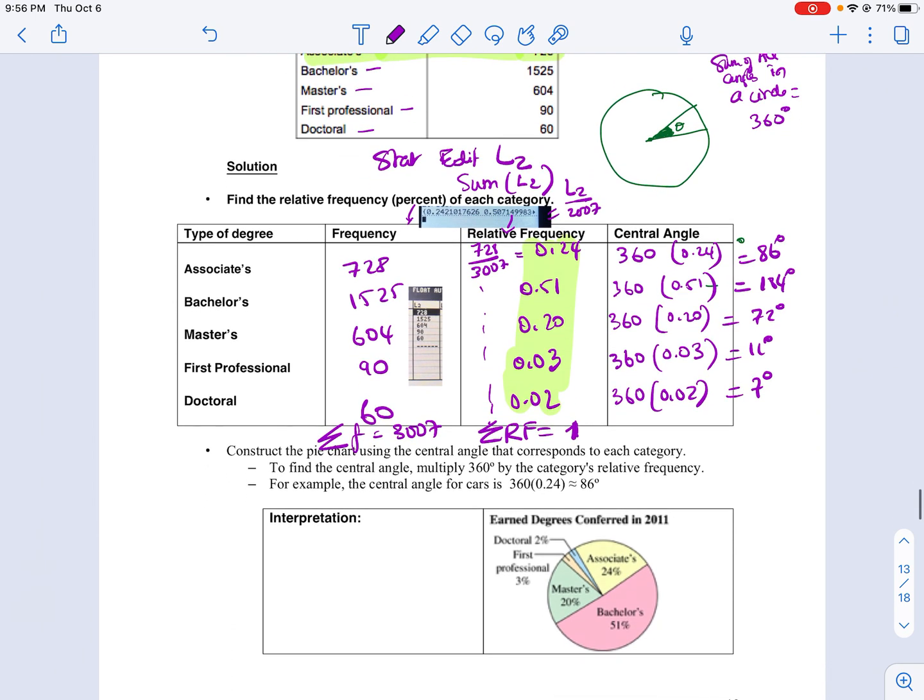Yes, so what does that mean? There are many interpretations to this. But what can I say? From the pie chart, this is just one of my interpretations. From the pie chart, we can see that half of the degrees conferred in 2007 were bachelor's degrees.